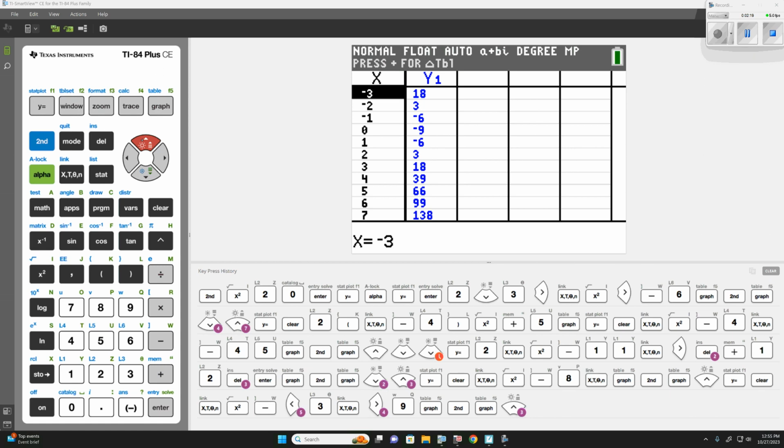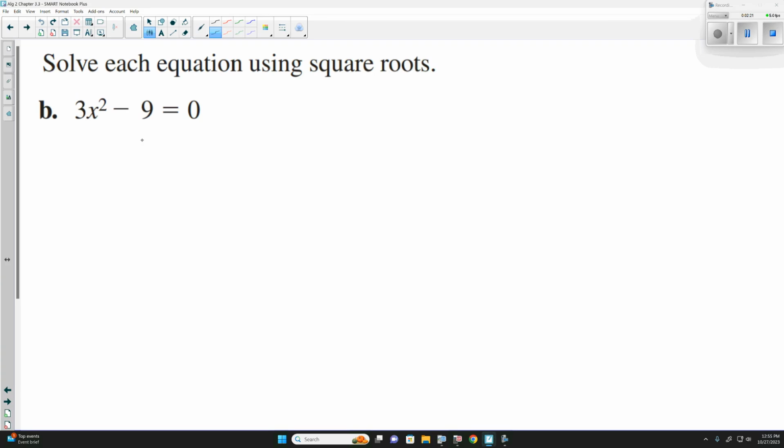We don't have any x values listed that give us a y value of 0, so we can solve this technically by graphing, but we'd have to know the decimal approximation and a little bit more information. So we're going to have to solve this by the square root method.